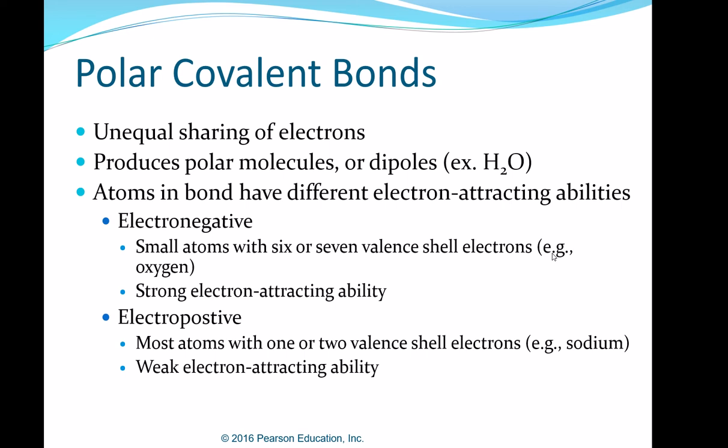So atoms that are really, really close to having their valence shell full, they have 6 or 7 valence shell electrons, for instance oxygen, then they're considered electronegative. They're so close to having a full shell that they attract electrons very strongly. Conversely, electropositive molecules, things with maybe 1 or 2 valence shell electrons, like sodium, because they're not as close to being full, they only attract electrons very weakly. And so we get this kind of uneven distribution of the electrons.